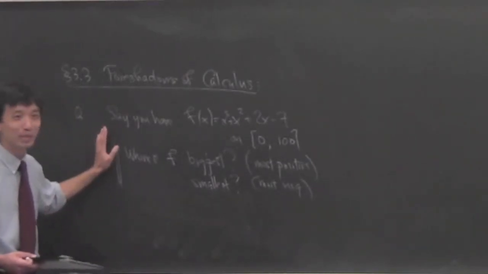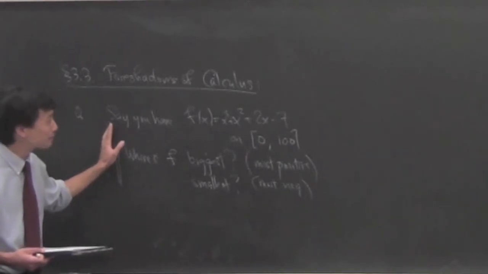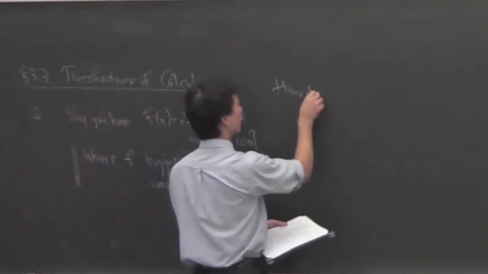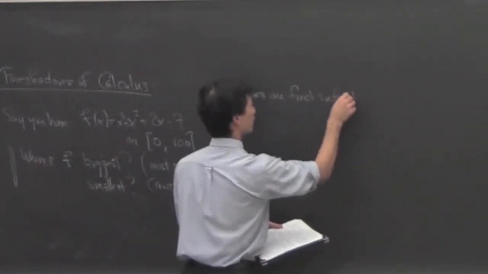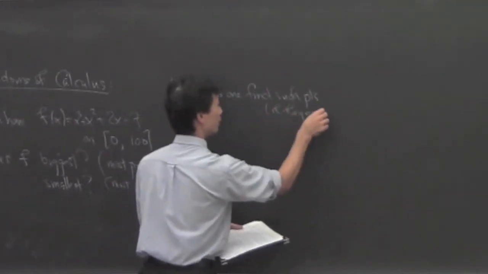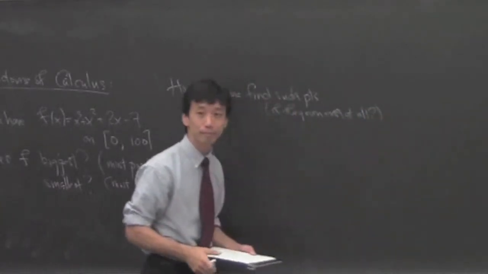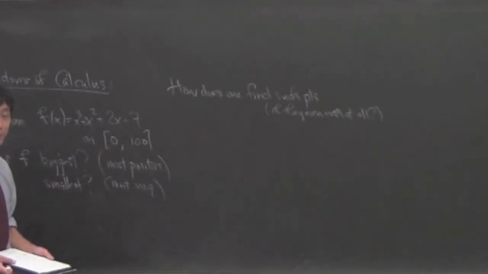Okay. So where is f biggest and where is f smallest? How does one find such points if they even exist at all? You want to find the biggest point, it's going to have to have x squared in it because it needs to curve.